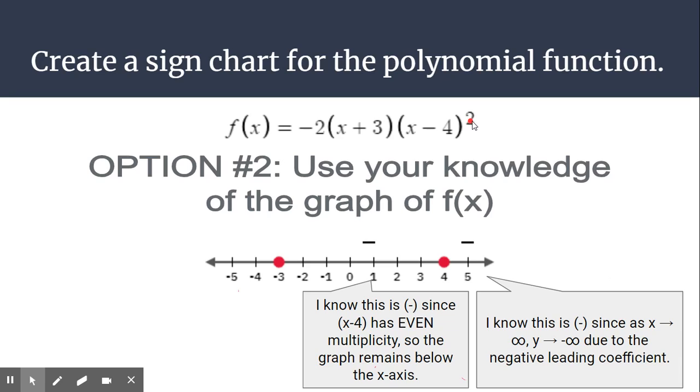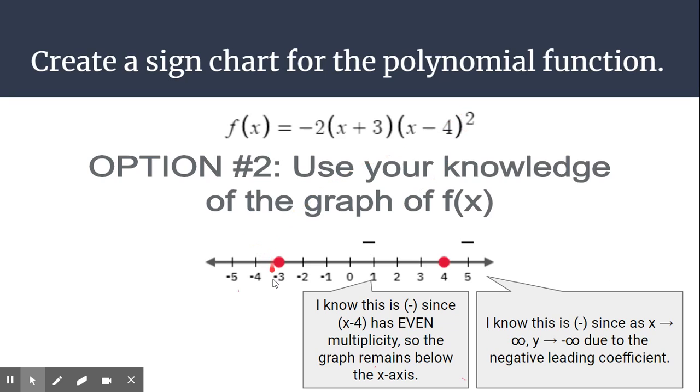That means the graph bounces at 4, meaning it stays on the side of the x-axis that it was on before. So if it was negative on this side of the 4, it should remain negative. It should remain below the x-axis because we kind of bounce off the x-axis. We remain on the same side when we have an even multiplicity.